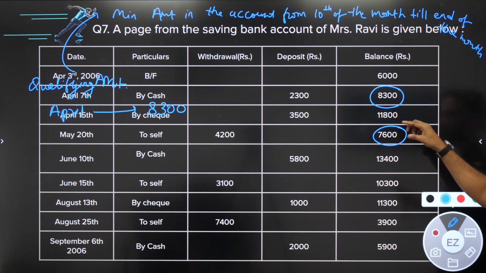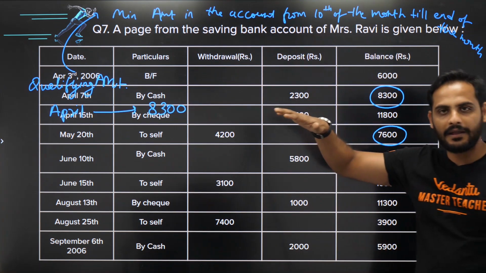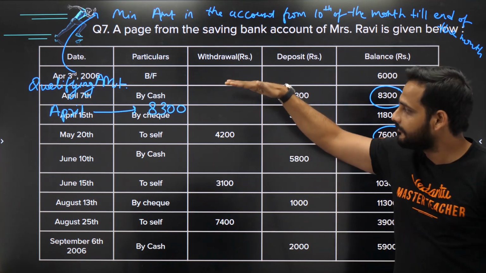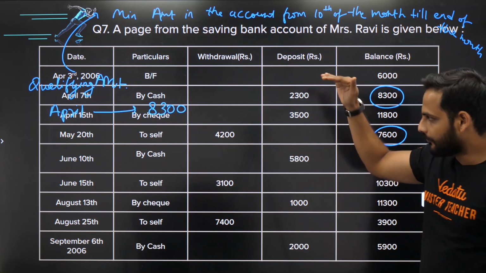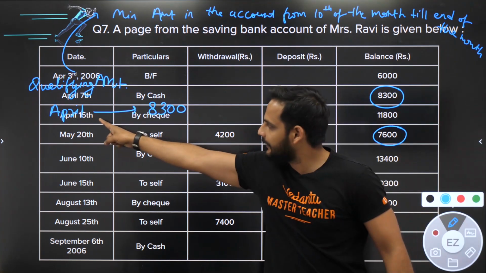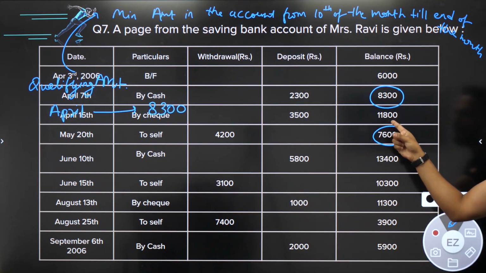So this 11,800 is in that account from 15th April till 19th May.